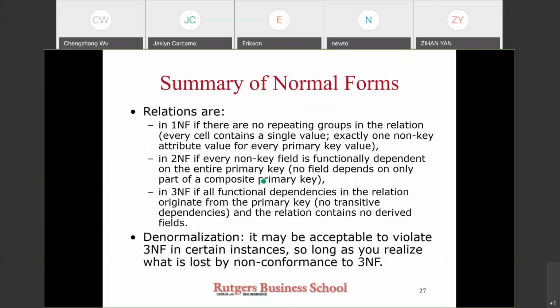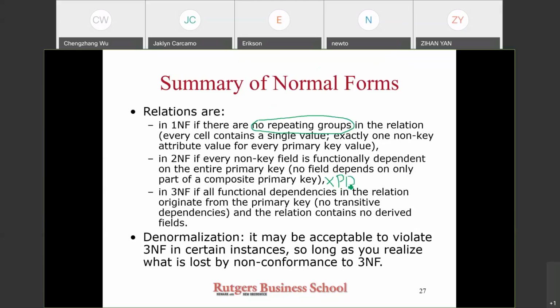So this is a summary of the three normal forms. In summary, we can say that a table is in first normal form if there are no repeating groups. In second normal form, a table has no partial dependency.